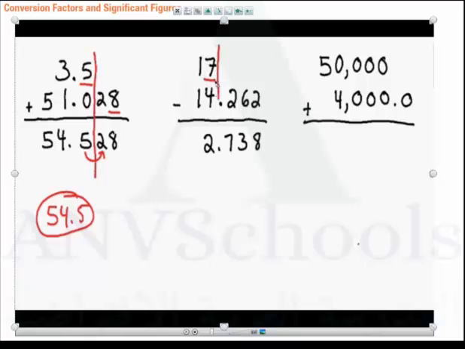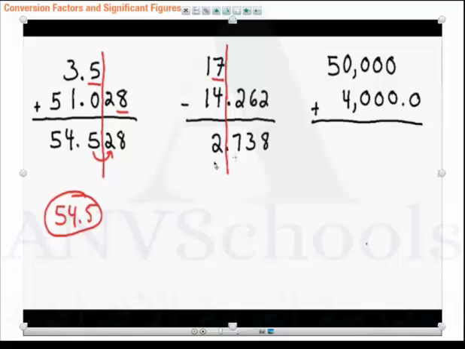So our final answer should have the 1 unit because we are having only ones. So we will also round off here, and when we round off, we will get 3 as our answer.